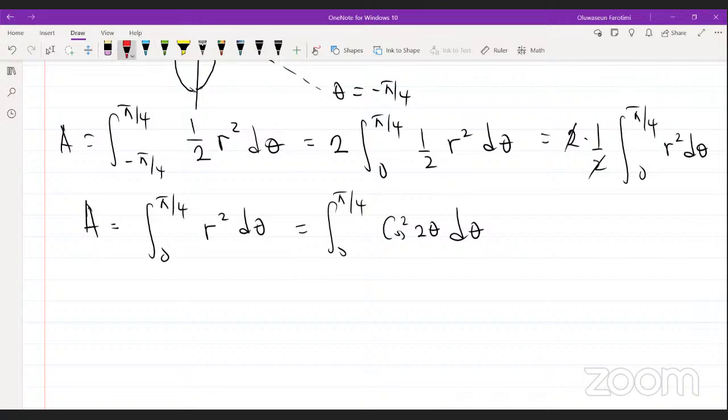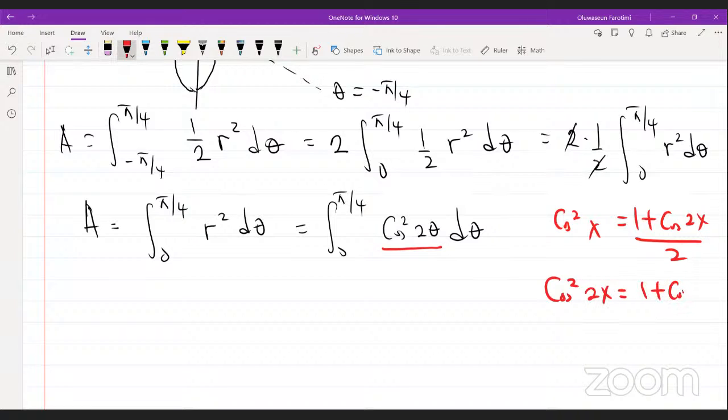Do we remember the half angle formulas? Cosine squared of x is just 1 plus cosine of 2x, divided by 2. So I can replace that, but in this case we're dealing with cosine squared of 2 theta. This is going to be 1 plus cosine of what, guys? 4 theta, divided by 2.